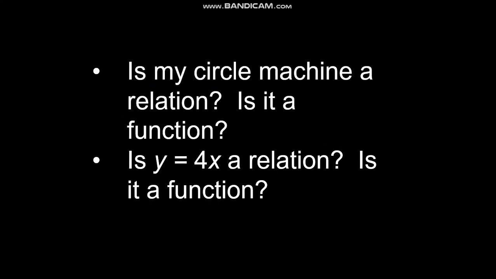They're in pairs. That's a relation. Is it a function? Does every input to my circle machine give me something unique? And now the answer is no, right? I get out a circle no matter what shape I put in there. So it is not a function. I can't look at my output and figure out what input it comes from because it's not unique. That output is not unique to the input.